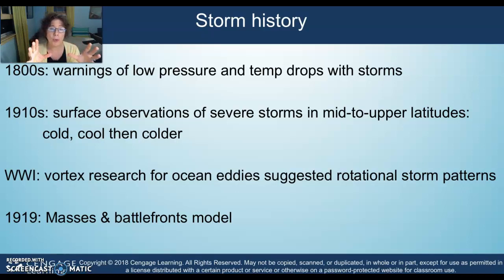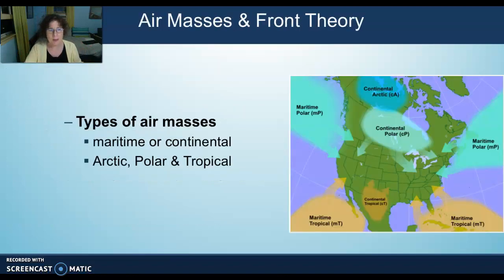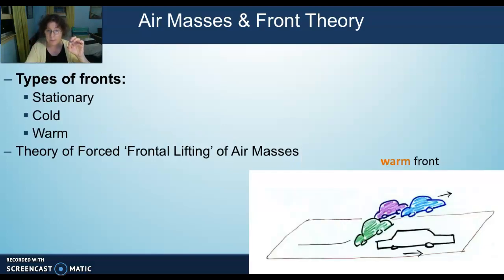And during World War I, they started to talk about fronts, because so much of the world was obsessed with conflicting masses and battlefronts. So we actually get our frontal theory directly from World War I. Just to go over the types of air masses: maritime, continental, and the source regions: Arctic, polar, tropical.